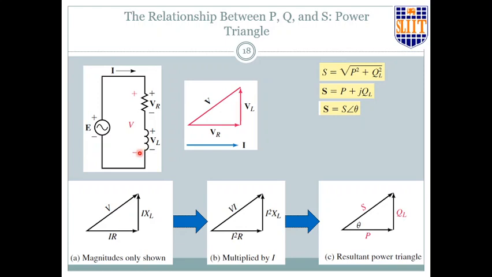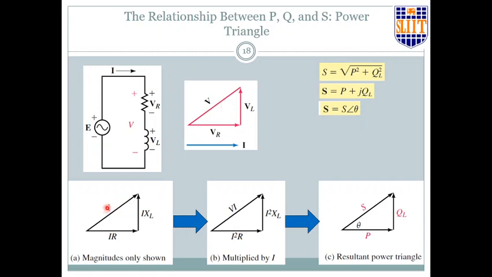Now let's take out the scalar values. This is not a phasor diagram anymore, just a triangle. VR is equal to IR, VL is equal to IXL, that is in magnitude, which we also know.